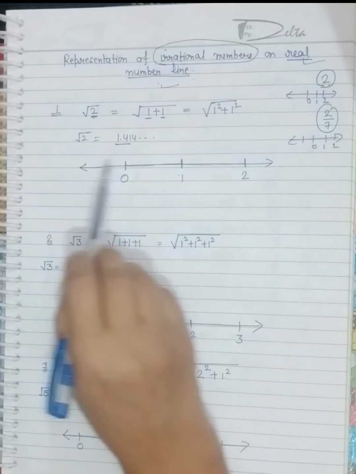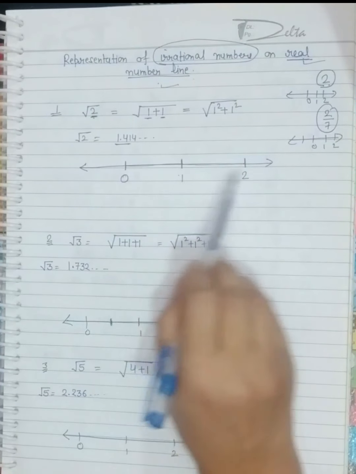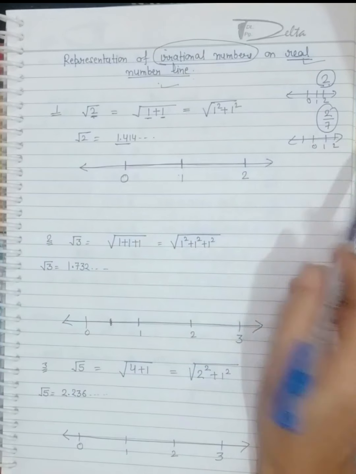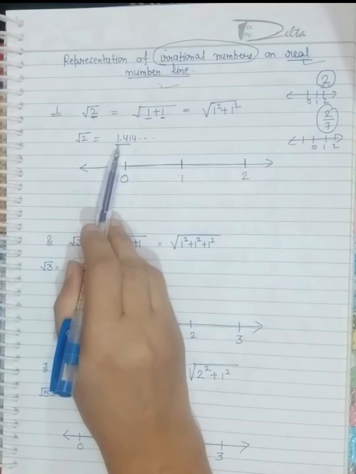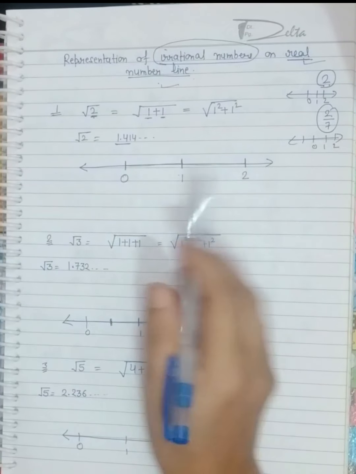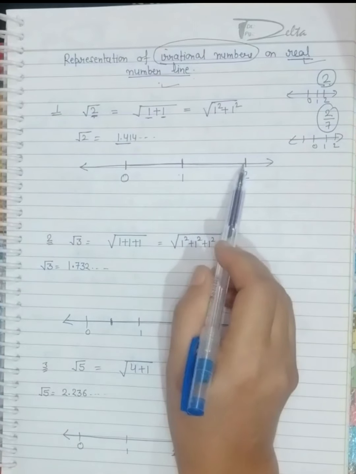For this we will make a number line. We will take 0, 1, 2 on the number line, not 3, 4, 5, because we know that 1.4 will be between 1 and 2. For this we will take a uniform distance between the numbers.